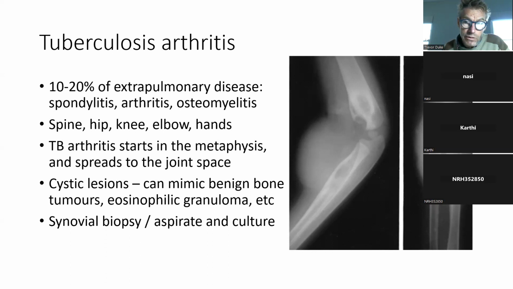I'll just move this over here. I think you can see these cystic changes in the bones, and that's quite typical of TB. And remember, it's in the metaphysis of the bone. The rest of the bone, the diaphysis, is usually fairly spared, and close to the ends of the long bones you'll see these cysts.